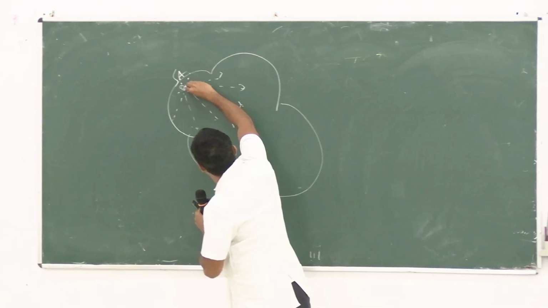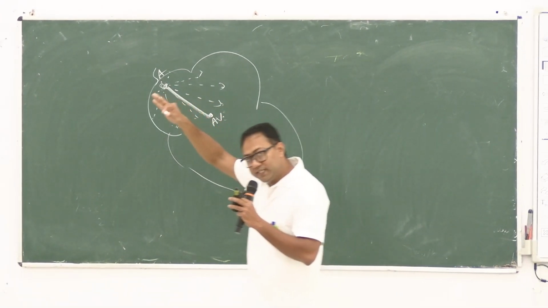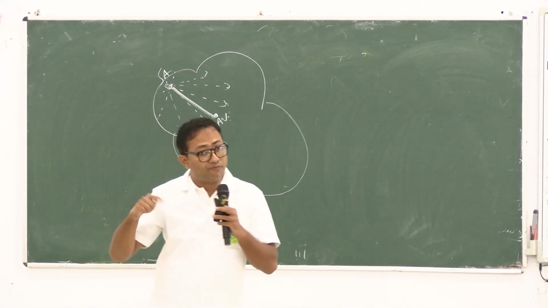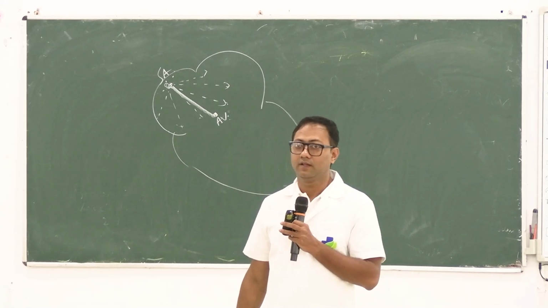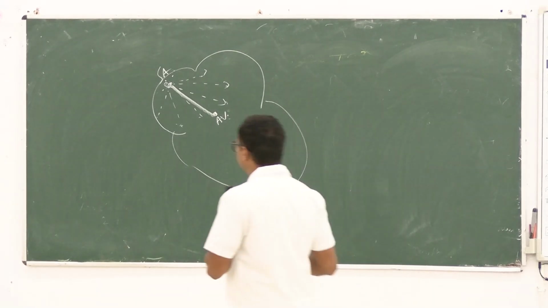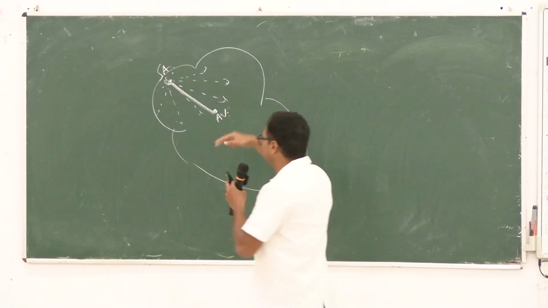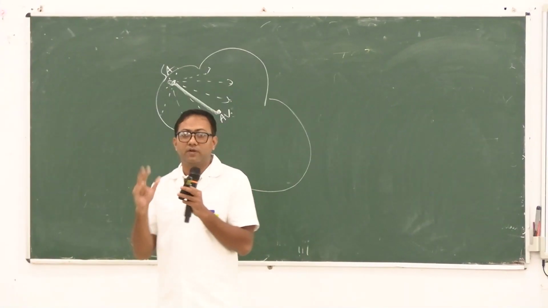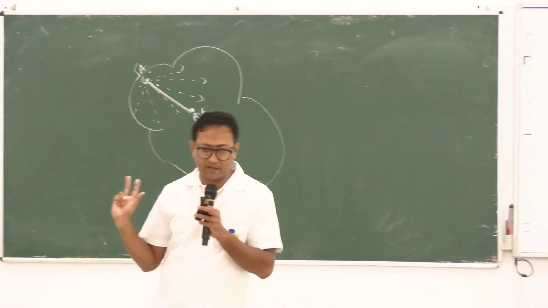So through this route, the depolarization wave will travel faster. Why? Assume that there are no conduction tissues. So what will happen? One cell to another cell, one cell to another cell, in this way it will travel.